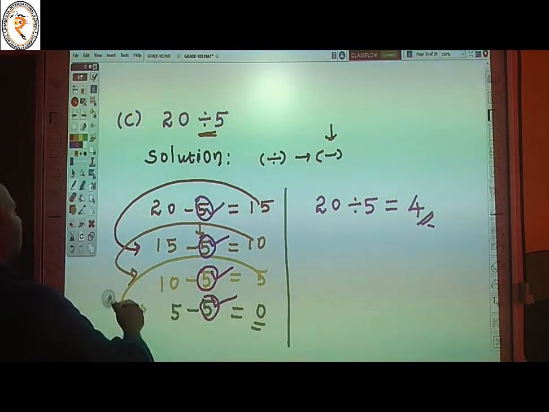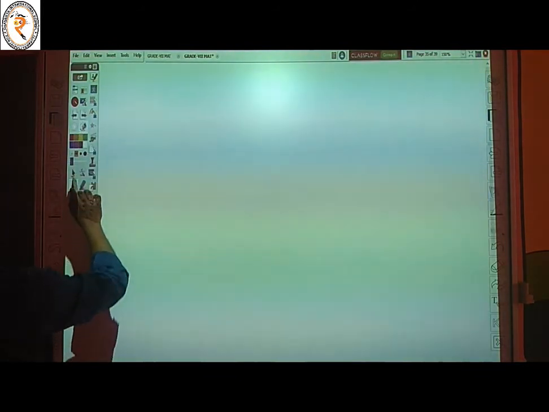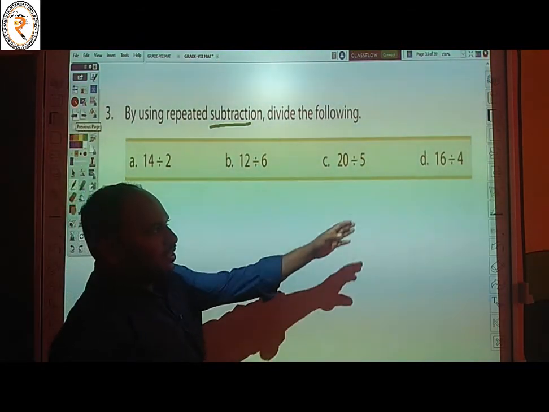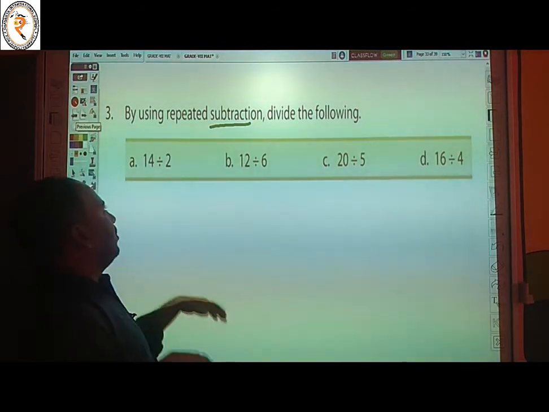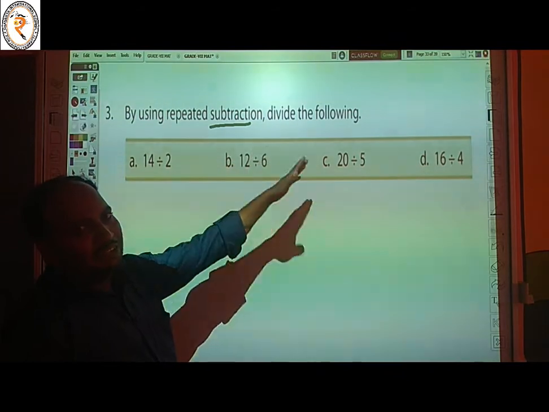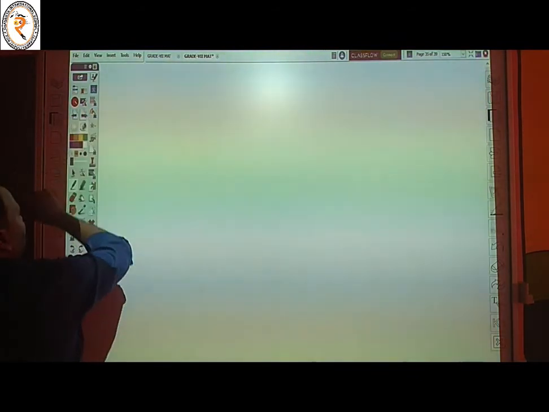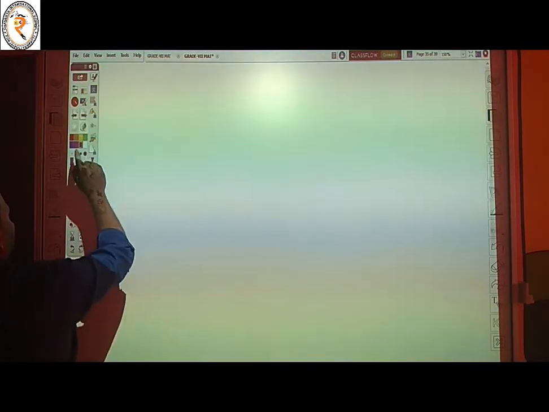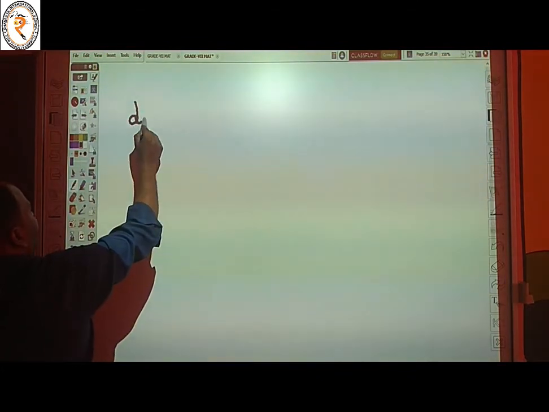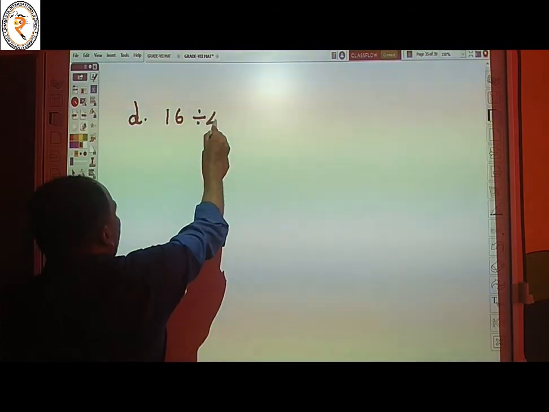The next one. 60 divided by 4. Divide the following: 60 divided by 4, by using repeated subtraction.